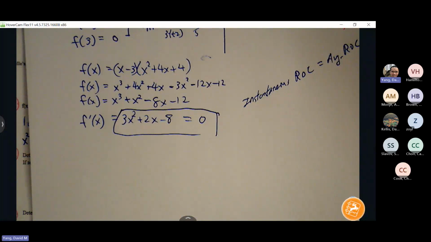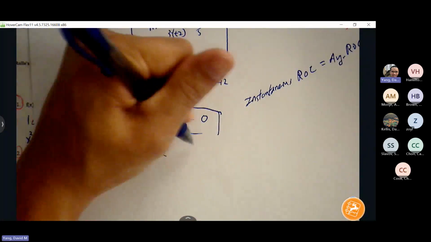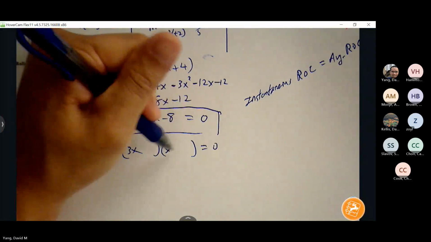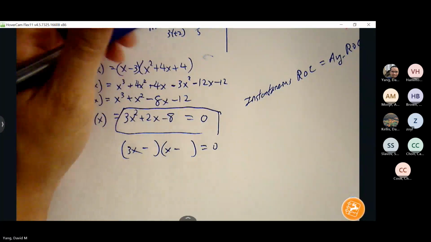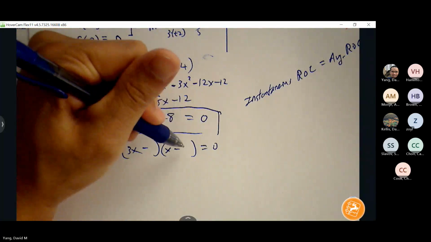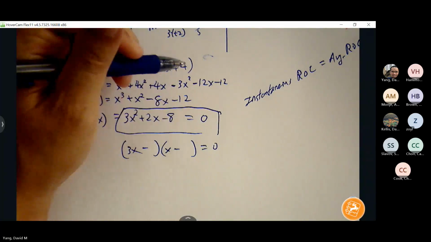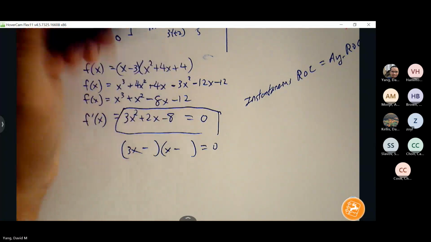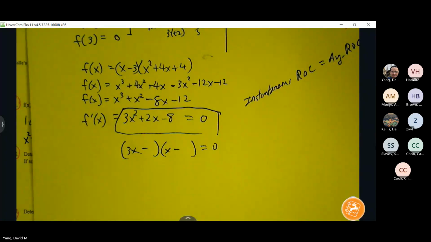Now I can just factor and solve, right? x squared plus 2x minus 8.